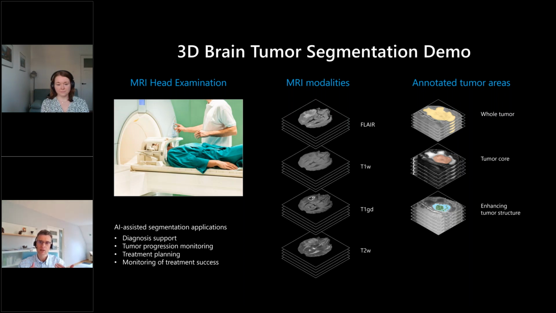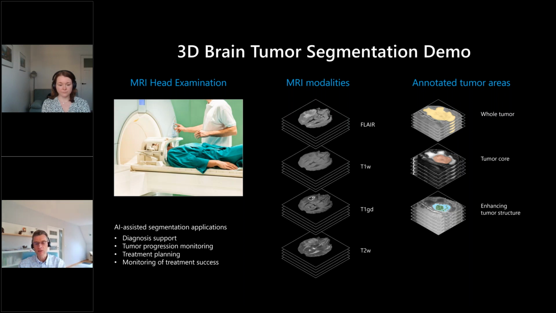And these modalities have names like Flare, T1W, for example. In this Flare modality, this is relatively good for identifying abnormalities. T1W is good to visualize different structures of the brain, like the difference between white matter and gray matter.